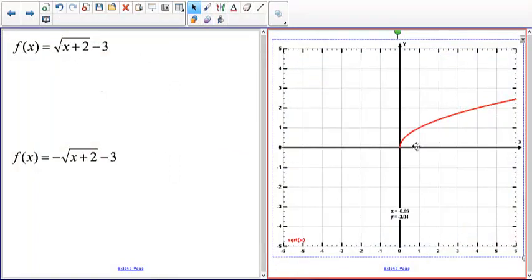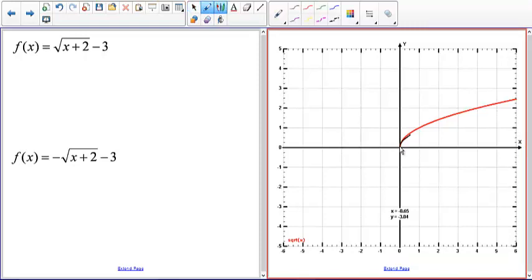So over at the right I have the parent function, which is the square root of x. So what I'm going to do is sketch over top of this to make a copy that I can move around. So there, you can see now I can grab this thing. That's the square root of x, and I can move it, I can rotate it.